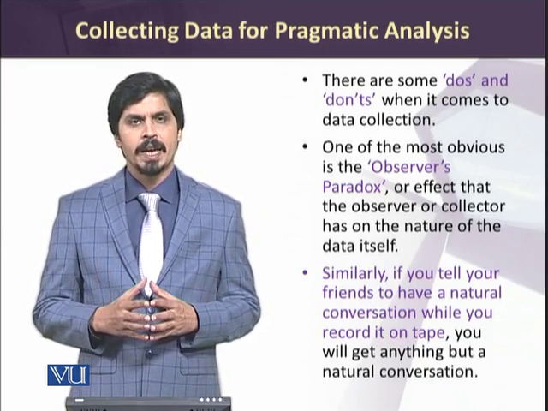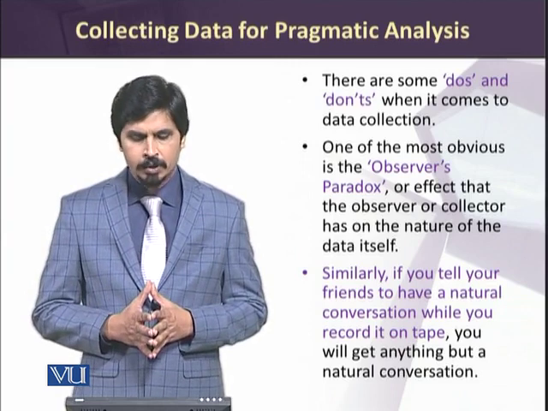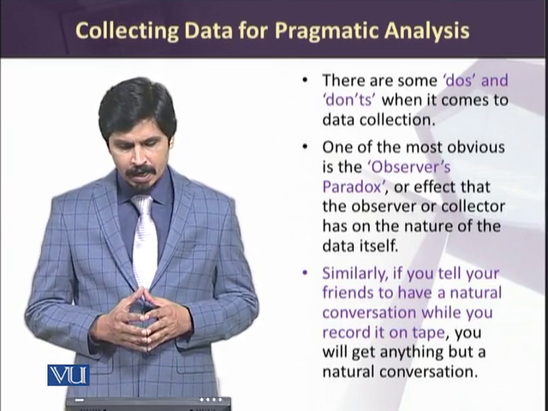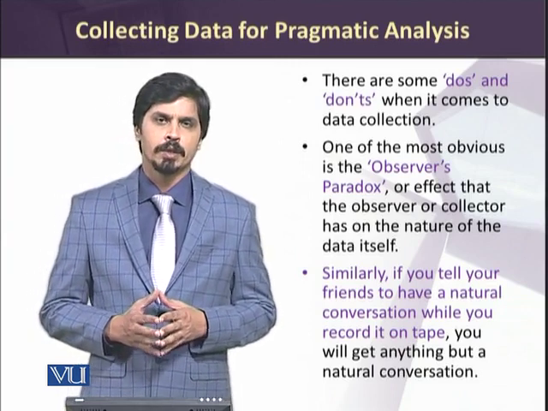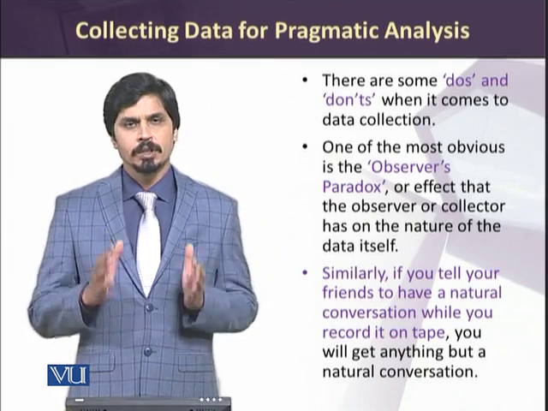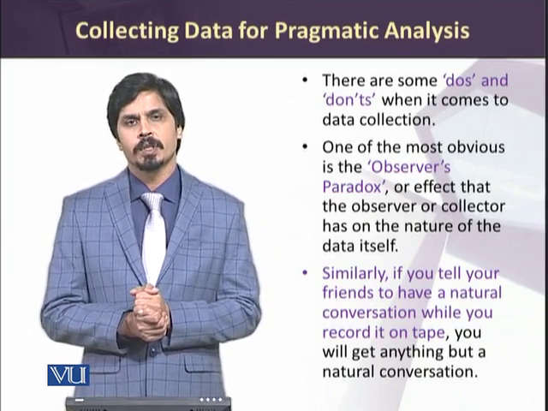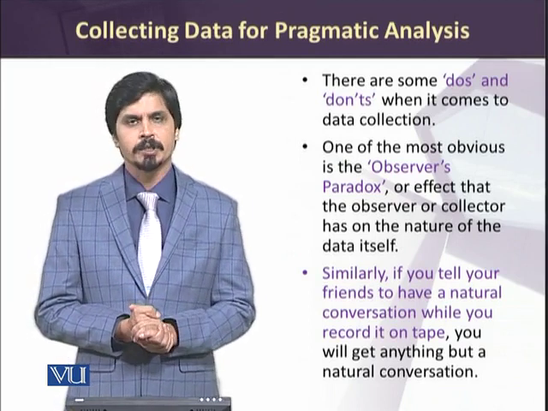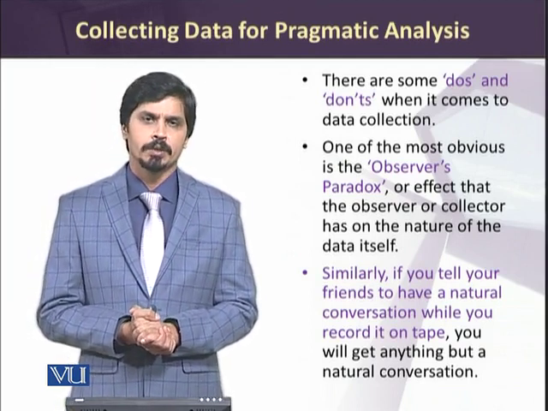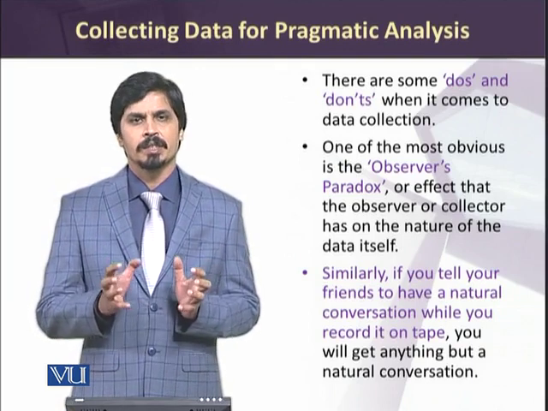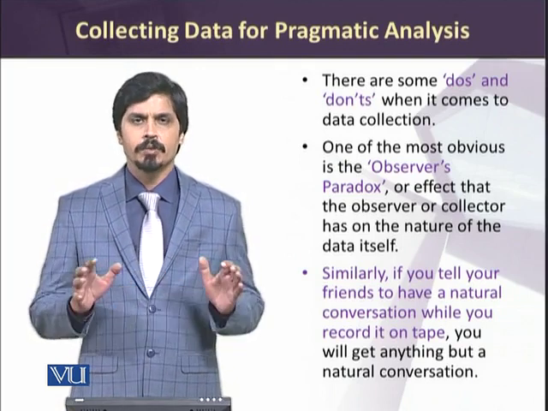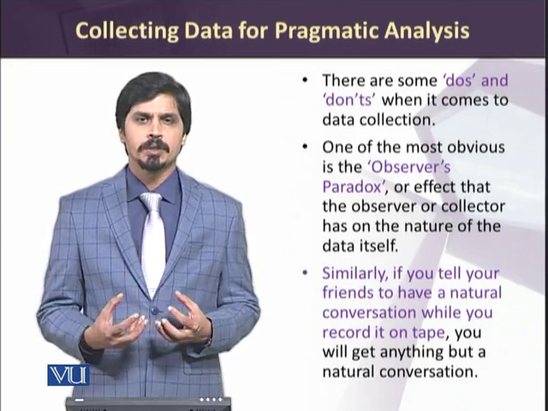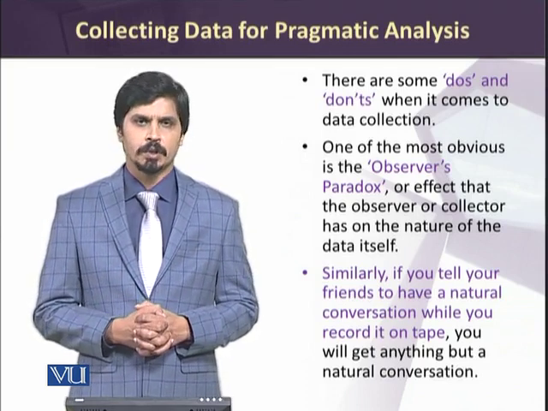This may be explained as the effect that the observer or collector has on the nature of the data itself. So a good researcher would always try to avoid observer's paradox and bias, so that you get free and reliable data which would actually provide you enough space to test your hypothesis or research questions.